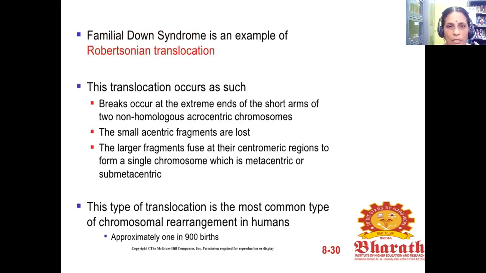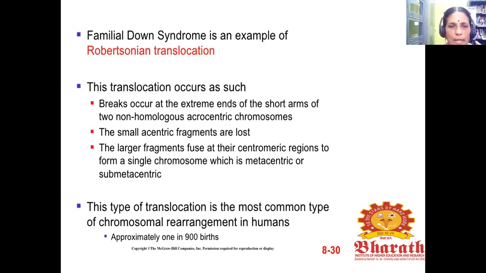So familial Down syndrome is an example of Robertsonian translocation. This translocation occurs as such: breaks occur at the extreme ends of the short arms of two non-homologous acrocentric chromosomes.